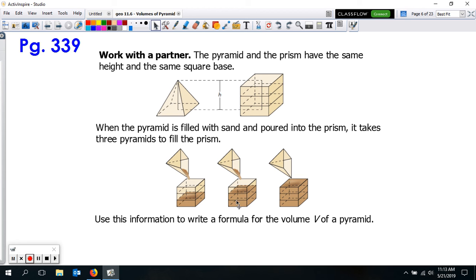Then we pour in a second one, it goes up to the second one. We pour in a 3rd then, and it fills our prism all the way to the top. So basically the volume of 3 pyramids with the same base and the same height fills up a prism with the same base area and the same height. So that's what we're going to see here with this volume formula.